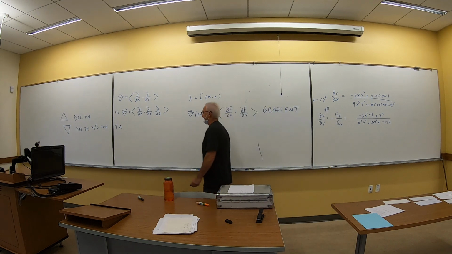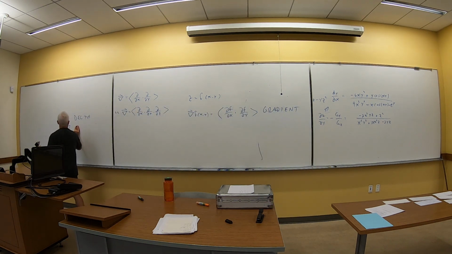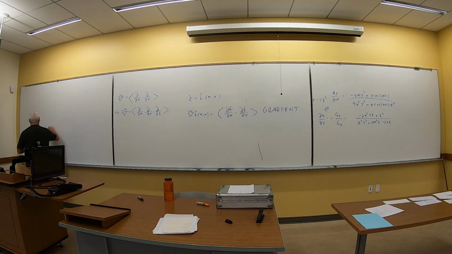So let's do a simple example. All right, f of xy equals x cubed cos y minus xy squared. Now, you can say gradient of xy, or you can just say gradient of f. It's implied that it's of that function.